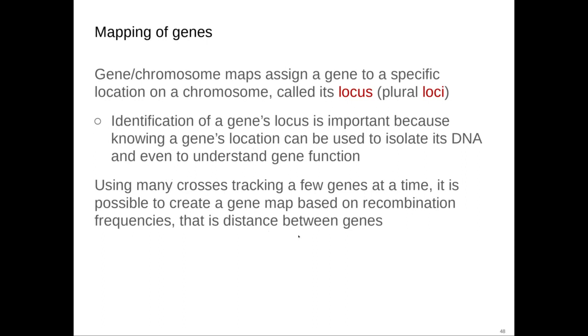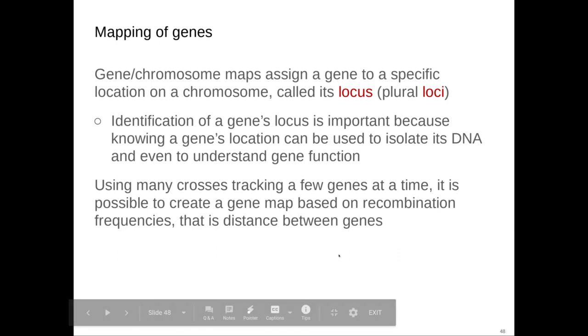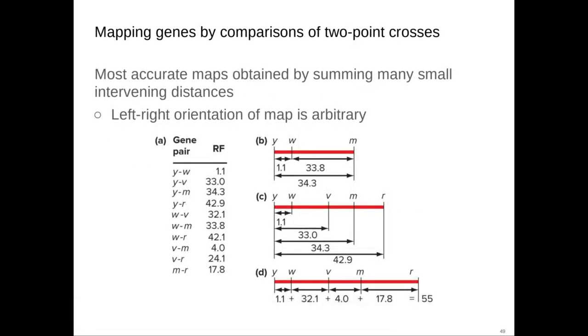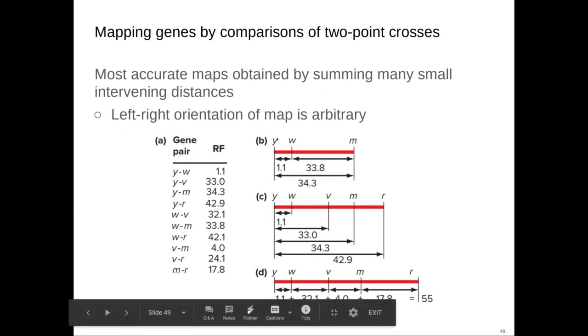We can use many crosses to track a few genes at a time, and thus it's possible to create a gene map based upon recombination frequencies, that is, the distance between genes. So now let's look at this. We have examples here where we have multiple genes in some cases.